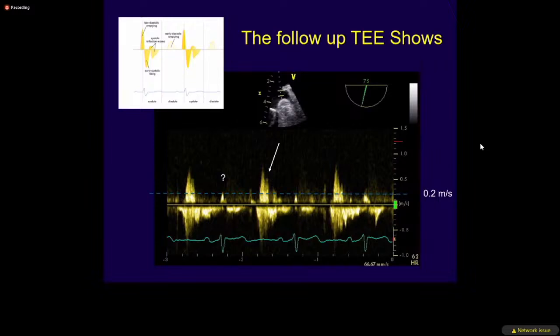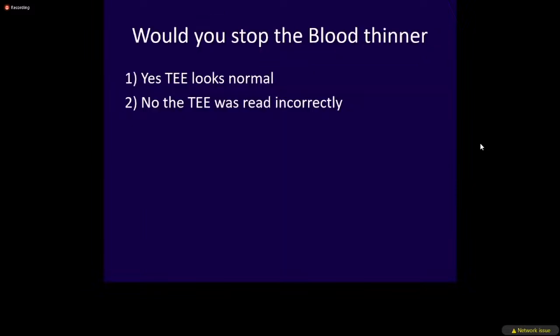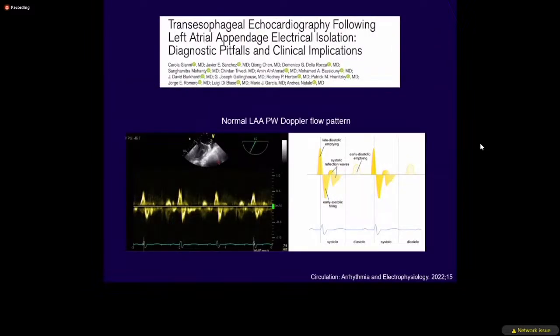So this patient needs to be on blood thinner or a Watchman. And this is something that, if you want to read, is published in this paper that took us a long time to get published because every time we say that people reading TEE don't know how to read it, this raises issues. But believe me, this is a mistake that is made. We have patients that had this mistake made even in the best institution in the nation. So you need to know that.